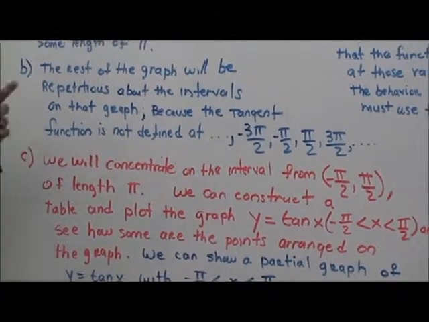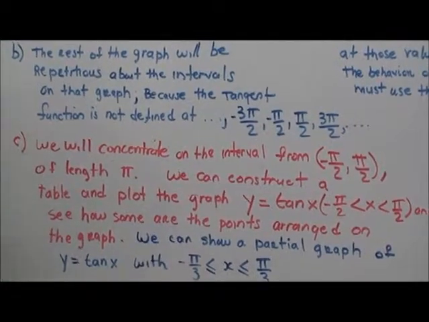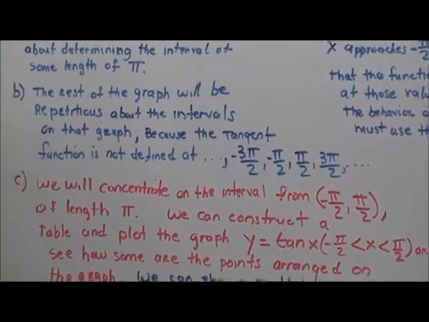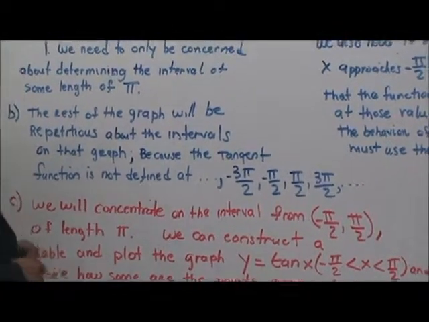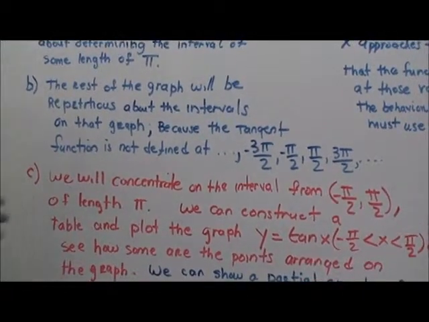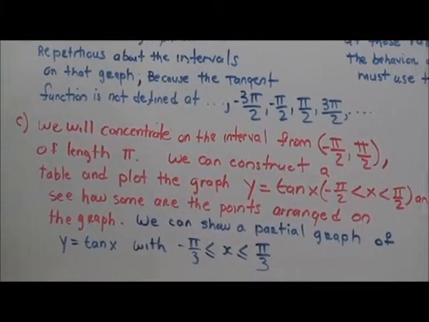So the rest of the graph will be repetitious about the intervals on the graph because the tangent function is not defined at these values right here. Negative 3 pi over 2, negative pi over 2, pi over 2, 3 pi over 2, and so forth and so on.